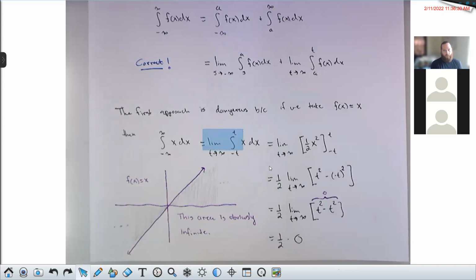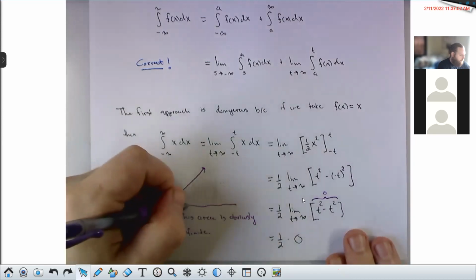What's going on when you integrate like this, doing that first thing, which we said is dangerous and you should not do, is that your integral from negative t to 0 here is canceling with your integral from 0 to t here perfectly. And so as you expand out in this symmetric fashion, you end up getting perfect cancellation at every step. So even though the areas are both infinite, because you're doing it in this symmetric way where t goes out on both sides from the origin, right?